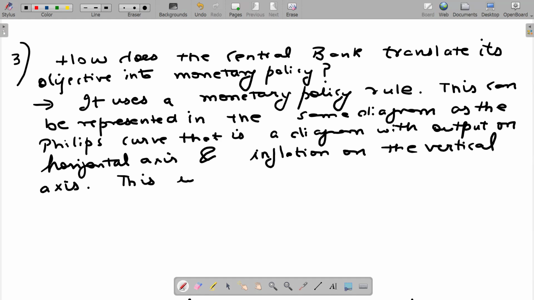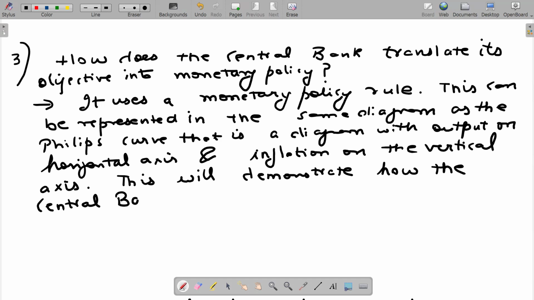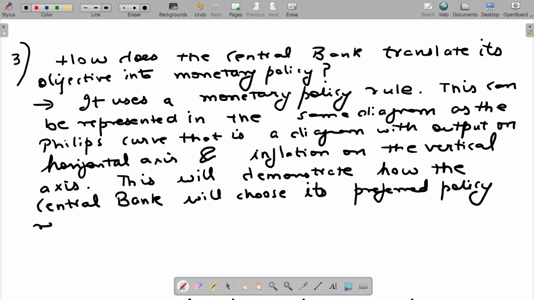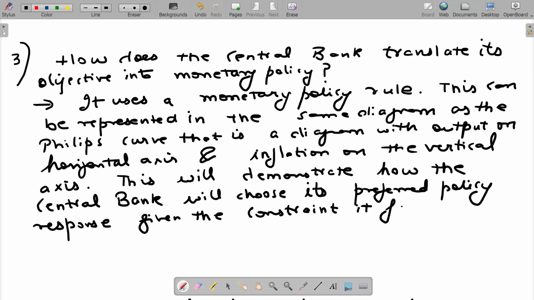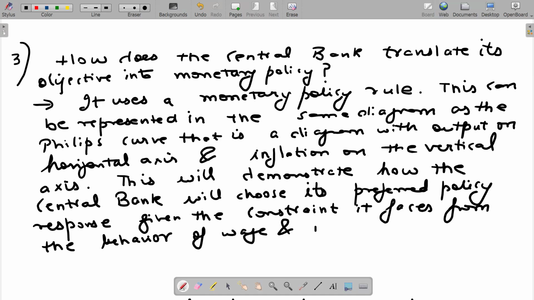This will demonstrate how the central bank will choose its preferred policy response, given the constraint it faces from the behavior of wage and price setters, captured by a particular Phillips curve.